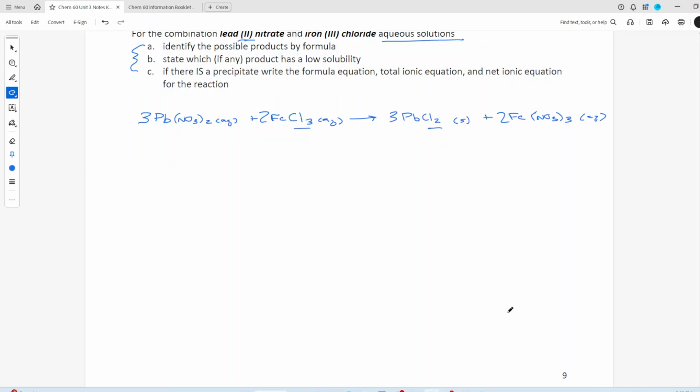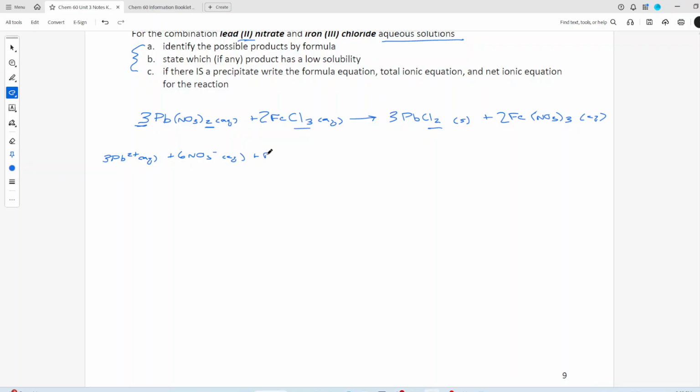Now, oftentimes you can skip the total ionic equation and go right to the net ionic, and it's a lot easier, but we are going to practice writing total ionic equations, which means we're going to break every aqueous species up into its ions. So we're going to start with 3 Pb2+ aqueous. And for the nitrate, you have subscript 2 and coefficient 3, so you have 6 nitrate aqueous.